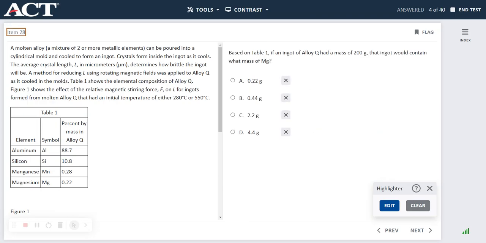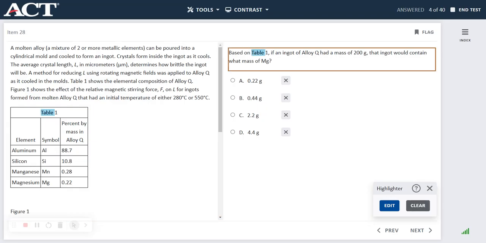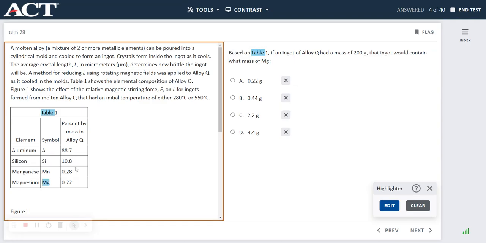Okay, last one. Based on table 1, so same one, table 1. If an ingot had a mass of 200, it would contain what mass of magnesium? So 0.22%. So less than 1%. So again, if we double that, right, to get to 200, it's going to be 0.44.